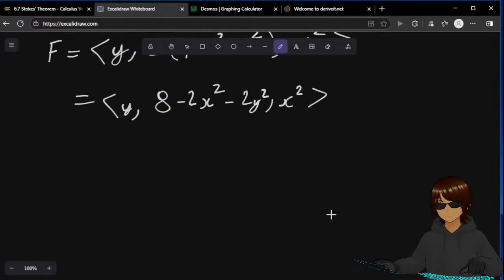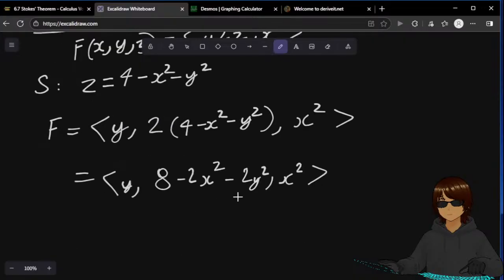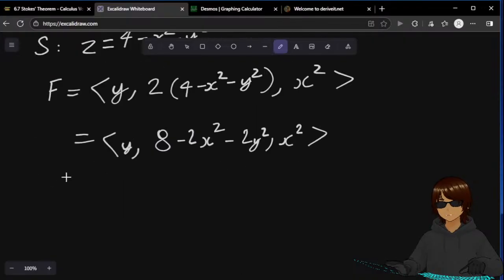And then we want the derivative with respect to, okay, let's take r(u, v) equal to, let's take this as v.